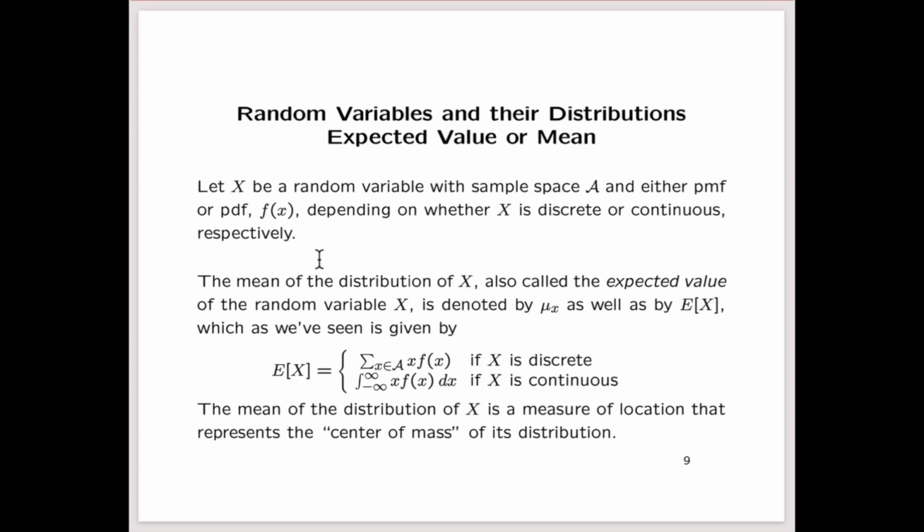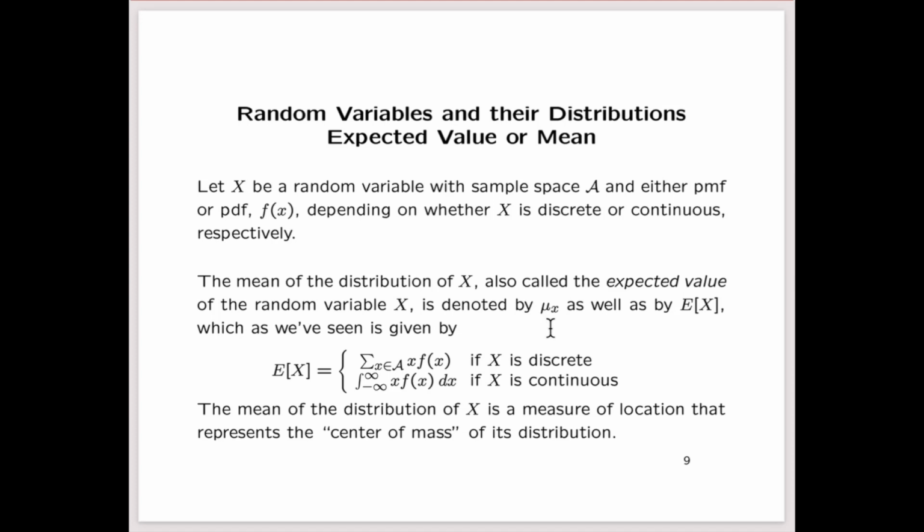Now, if we're speaking about the mean of the distribution of x, oftentimes we'll use this notation, mu of x, so that we are very clear what we're talking about. If we're talking about the expected value of the random variable x, then we might prefer to use this notation. But really, those are interchangeable, and we can use either one, which helps make the discussion clearest.